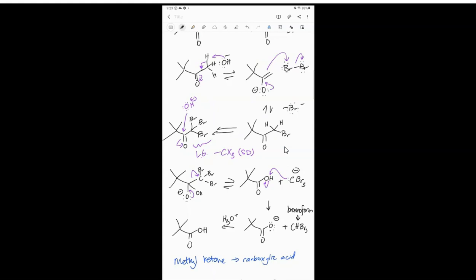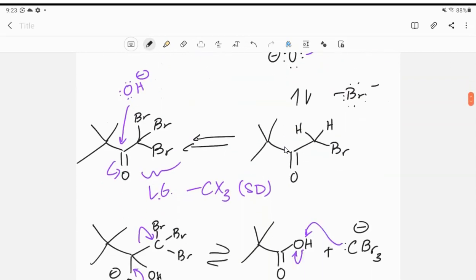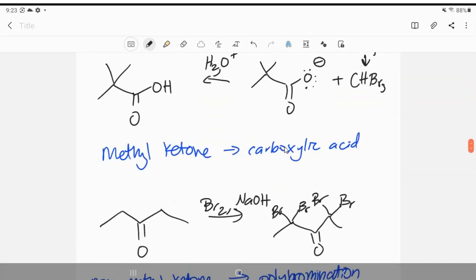So now we can turn ketones into carboxylic acids. Exciting. Other ways to do that, by the way, how else could we do this? Oops, that's not a ketone. Here, we'll make it really easy.